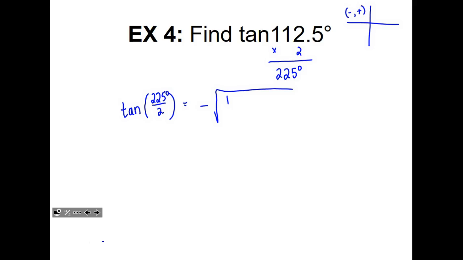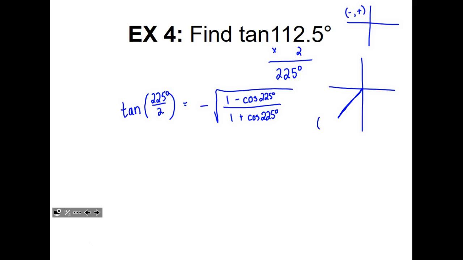So, negative square root of 1, on my notes, 1 minus, right? Or is it 1 plus 1? 1 minus, yeah, I've written it wrong. 1 minus cosine 225 over 1 plus cosine of 225. And 225 is in that third quadrant there.